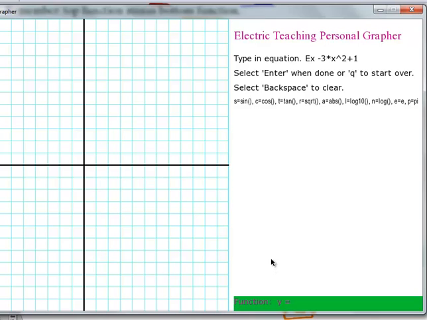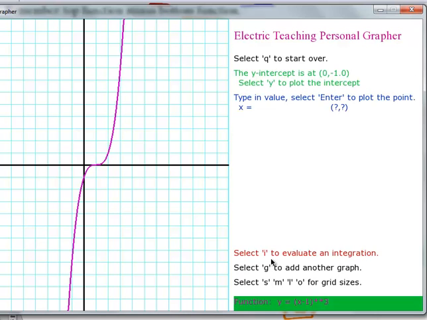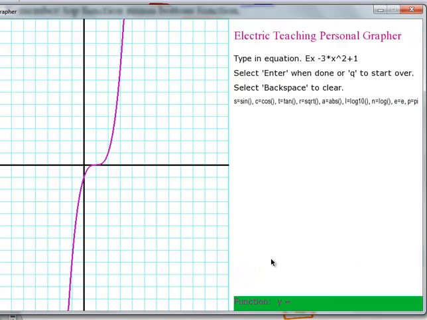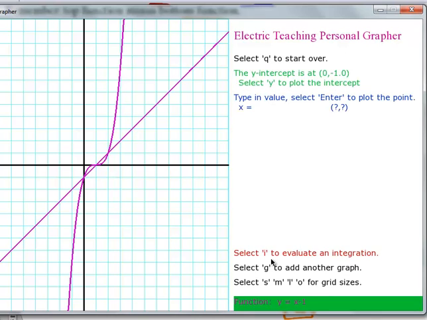And what we're going to do is take a look at that integration via the calculator or a graphing utility. So it was x minus 1 cubed. So let's graph that one. You can see there's the cubic. I'm going to add another graph here, and it was x minus 1.